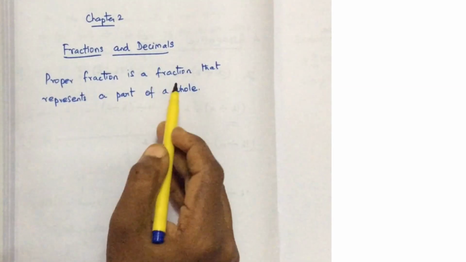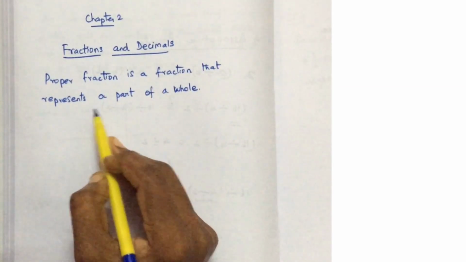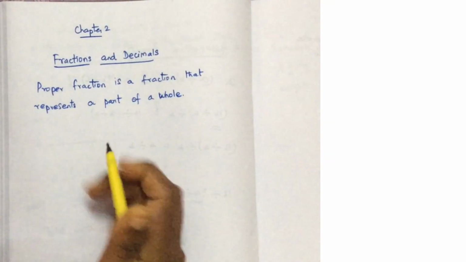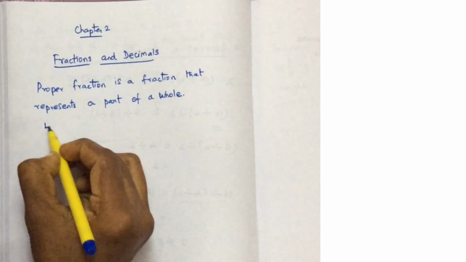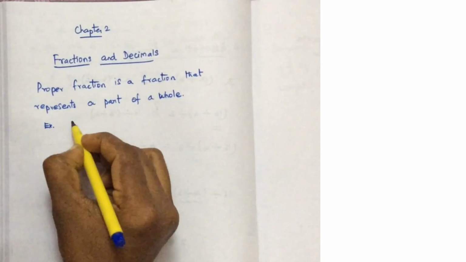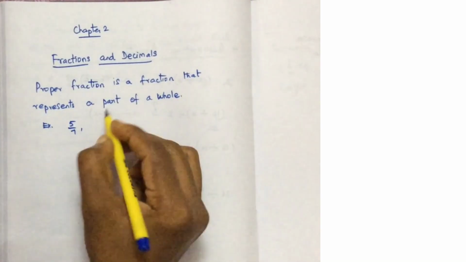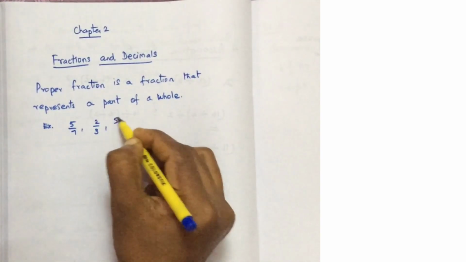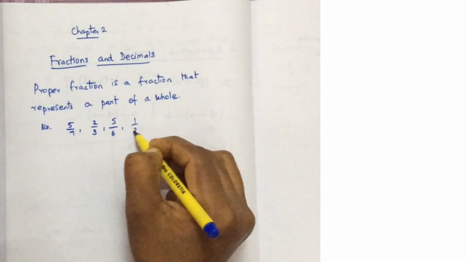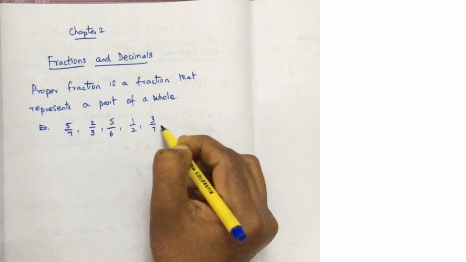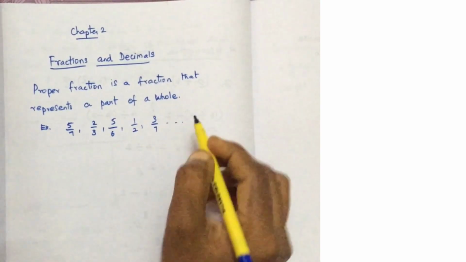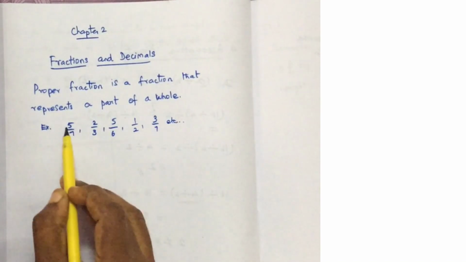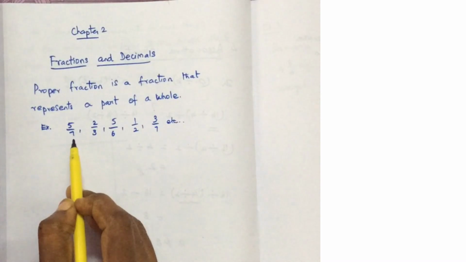Proper fraction is a fraction that represents a part of a whole. Here I want to give some examples for proper fraction. For example, 5 by 7, 2 by 3, 5 by 6, 1 by 2, 3 by 7, etc. Here you can see this is the numerator and this is the denominator.